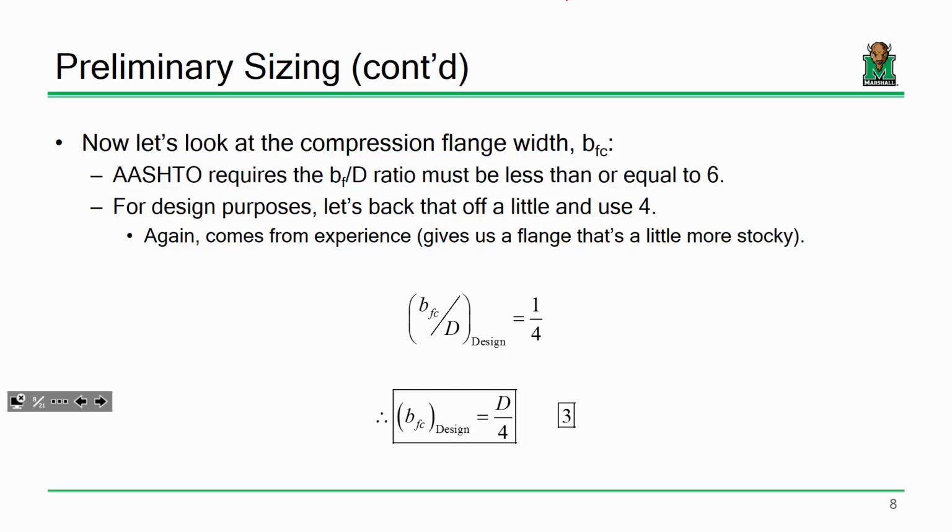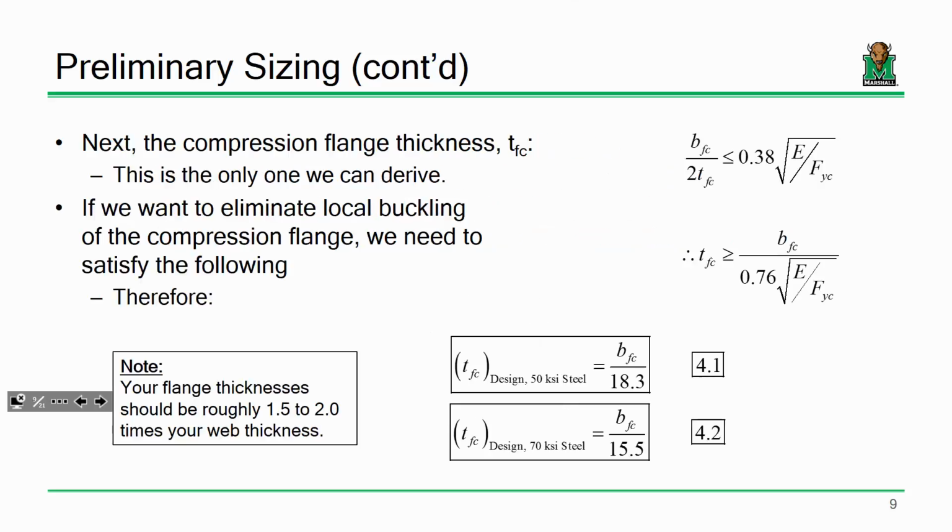Something a little more usable is to use a ratio of 4. Again, it comes with experience and it gives us a little more of a stocky flange to work with. So let's look at that b_f over D ratio as being 1 over 4. So let's use a flange width that's D over 4. Make sense?